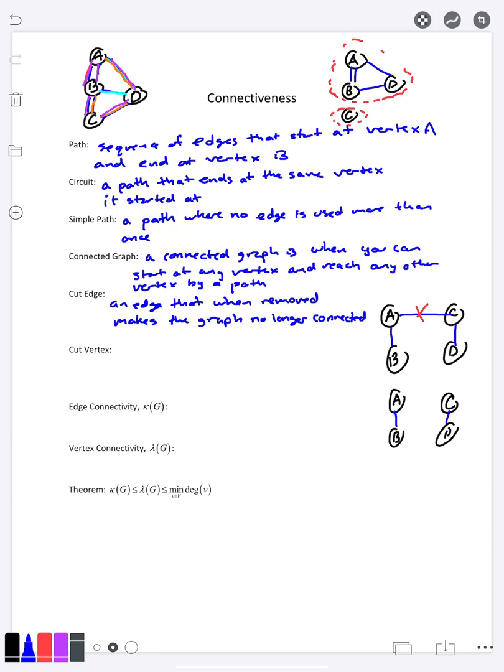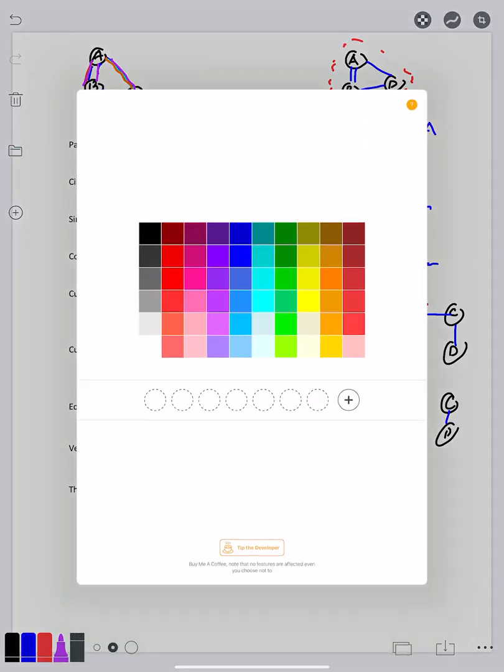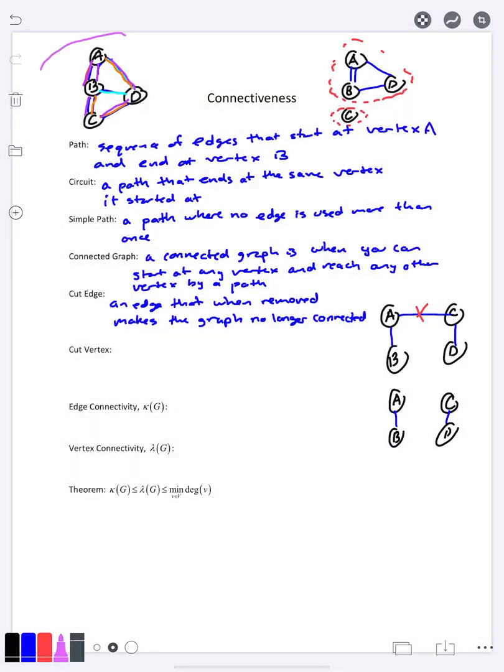That one I crossed out is an example of a cut edge. On the other hand, if you were to look up here at the bridges of Königsberg, if you were to remove any single edge, it would still be fully connected, right? There's no single bridge that is completely important for that city. Any one bridge gone would still be fine. You could still get from anywhere to anywhere else.